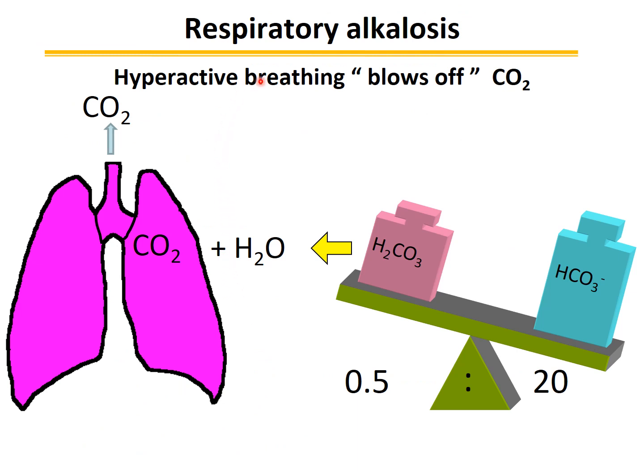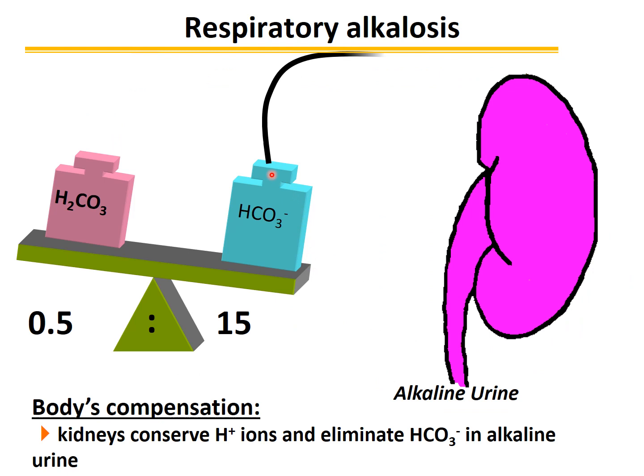Now, in respiratory alkalosis, when the hyperactive breathing is happening, we blow off carbon dioxide, so what will happen? We are going to remove carbonic acid, its level decreases, so the ratio is now less. This is why we have an increase of the pH, because the hydrogen ion is less. Now, what can happen?